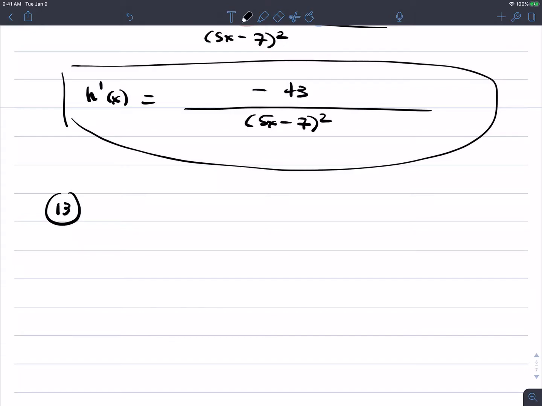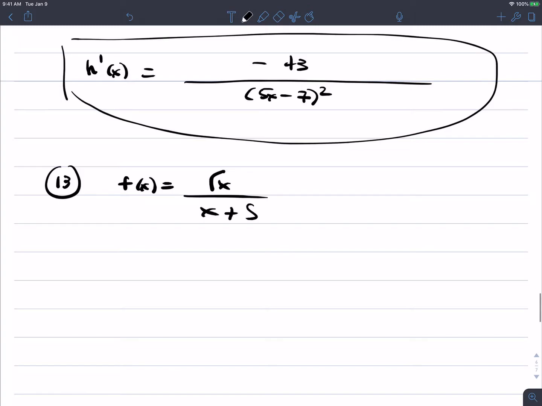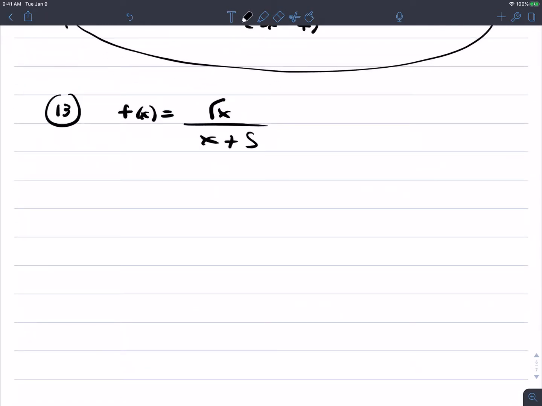Number 13. Our function here is the square root of x over x plus 5. So I'm going to differentiate the square root of x over x plus 5, a quotient.